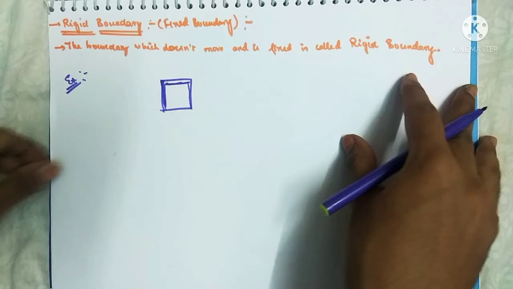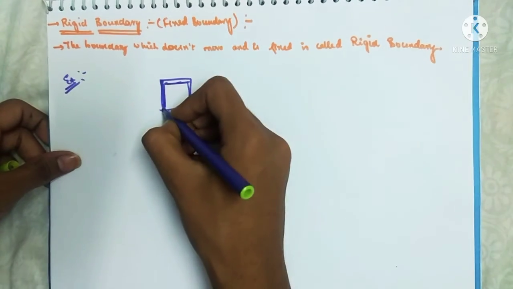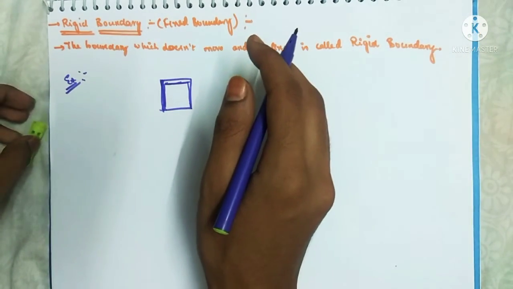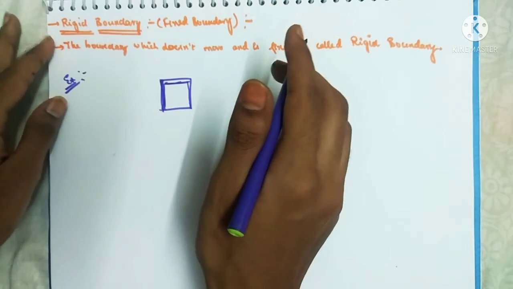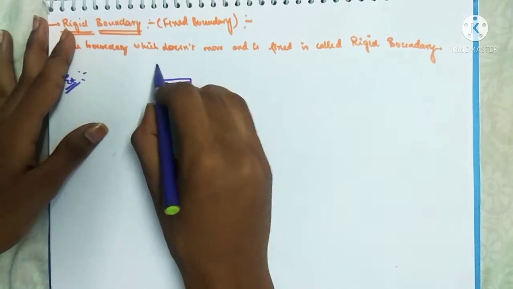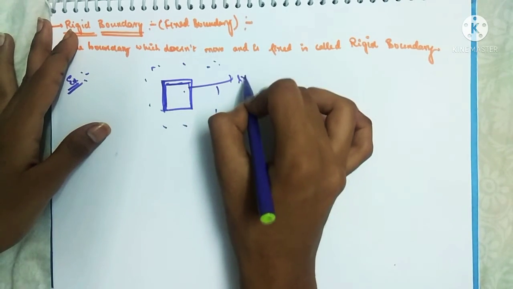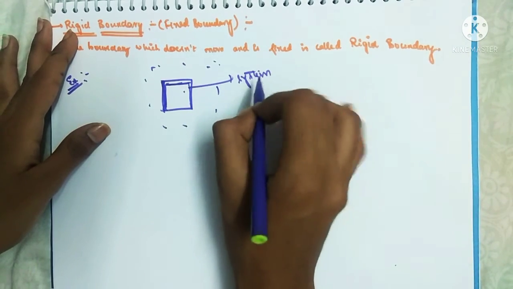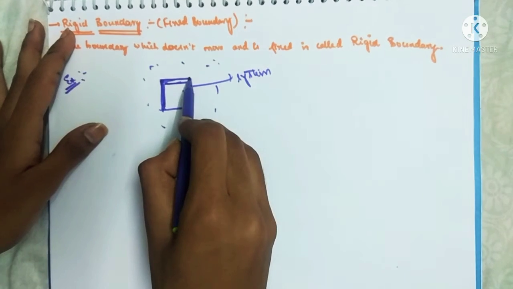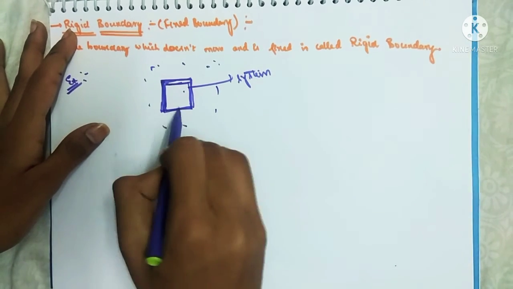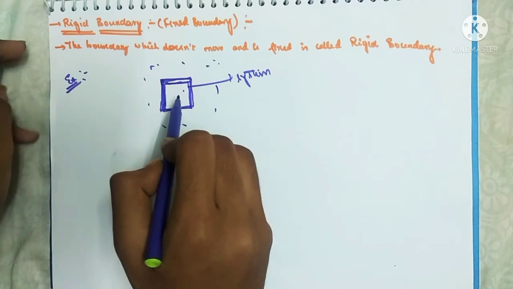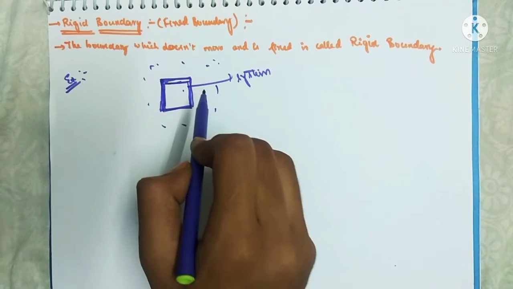Whatever may happen, the volume of the book doesn't change. That means the boundary doesn't change. This is all surroundings and this is the system. The outline of the book doesn't change, so the boundary is fixed. So it is called rigid boundary.